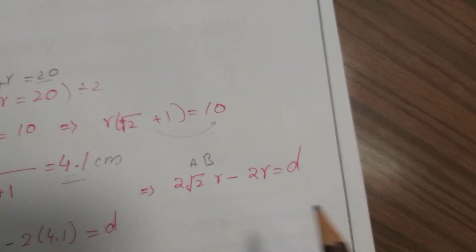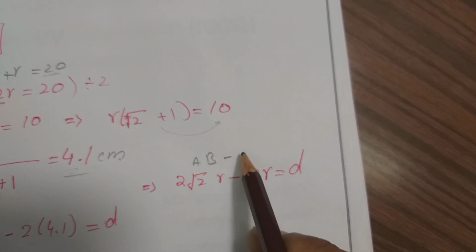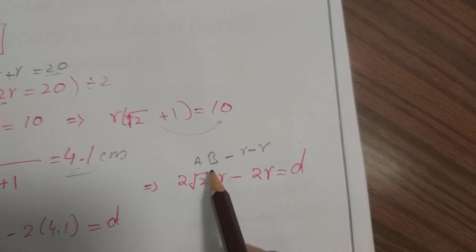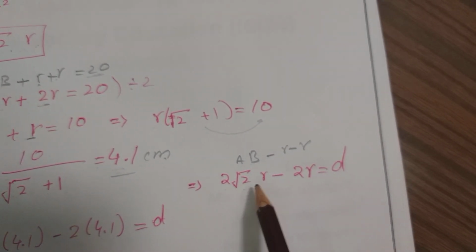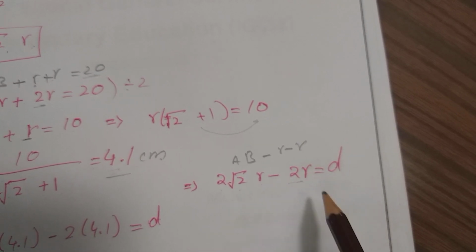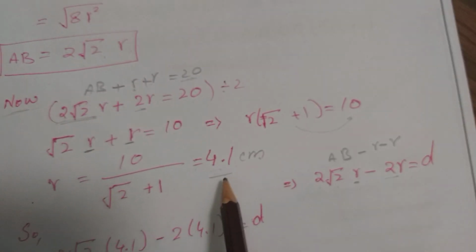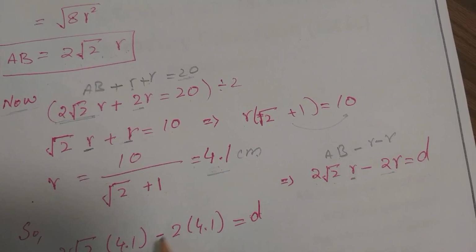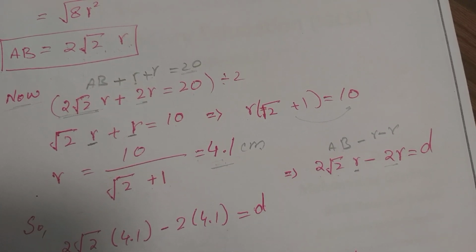So it equals D, which is AB minus r minus r. So D equals 2 square root 2 r minus 2r. Replace r by 4.1, simplify, and you find the diameter equals 3.4.